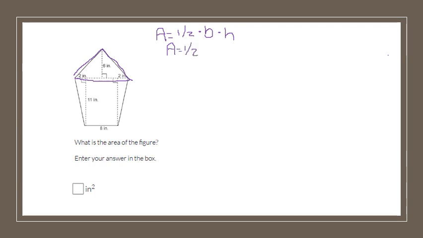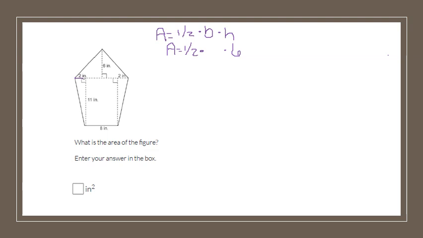And I'm not sure of my base yet, so I'm going to check that in just a second. But I know that my height is 6. Okay, so I'm going to erase the part of the triangle that I added because you know which one I'm talking about now.